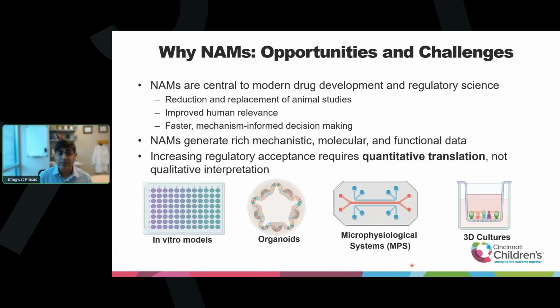But when it comes to regulatory acceptance, it requires quantitative confidence, quantitative evidence of human relevance. And what I will show is that proteomics will be one of the tools that will provide that measurement, which will help us basically translate and use these data for a particular context of use.